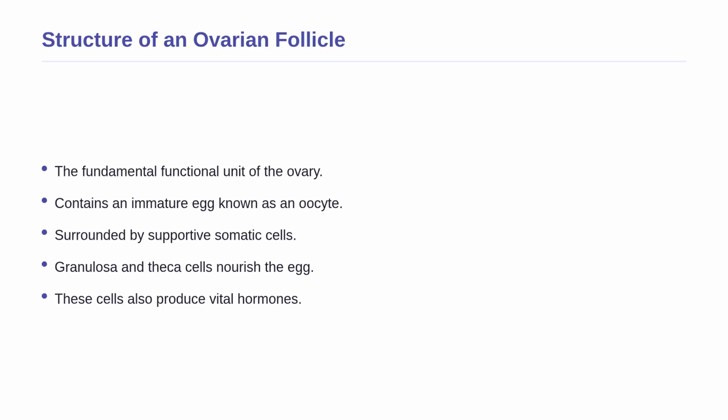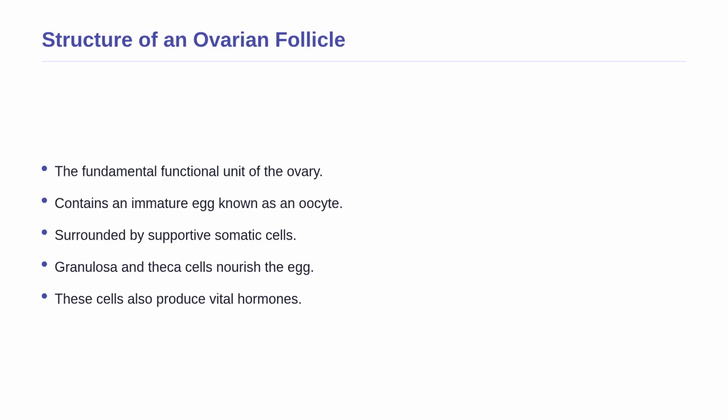Now that we have a general picture of this competition, let us look closely at the contestants themselves. Formally defined, a follicle is the fundamental functional unit of the ovary. It consists of an immature egg, which we call an oocyte, surrounded by layers of supportive somatic cells. These supportive cells are primarily granulosa and theca cells.